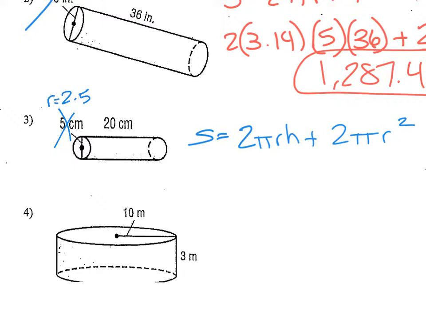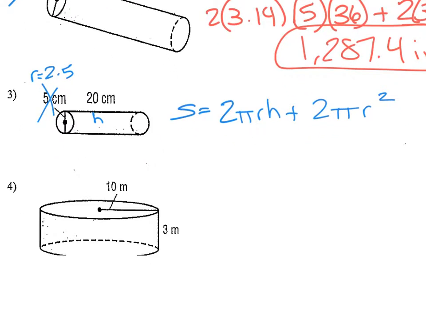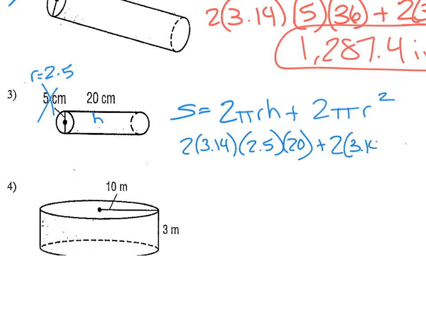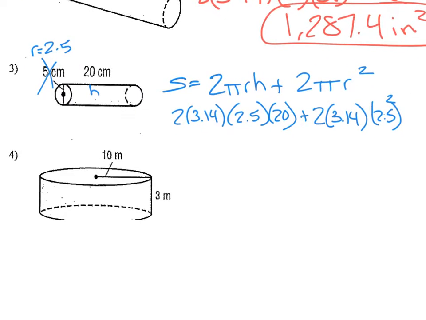And this is the height of the whole prism, how tall it is. So you'll see questions like, if the silo is 20 whatever feet tall, that's going to be your height always. So 2 times 3.14 times 2.5 times 20. Okay. Plug it all in.